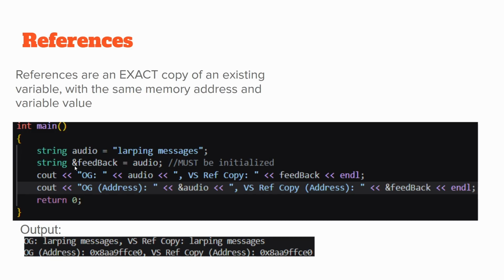In order to declare a reference, it's similar to getting the memory address, where you just include the ampersand sign in between these two variable signatures, similar to a pointer. I print out the values of each variable as well as the memory addresses, and as you can see below, they are pretty much identical.